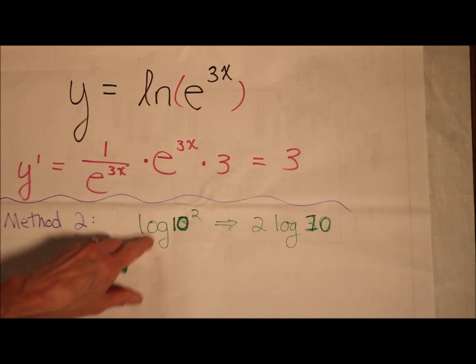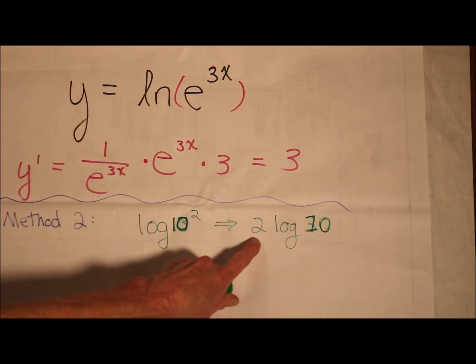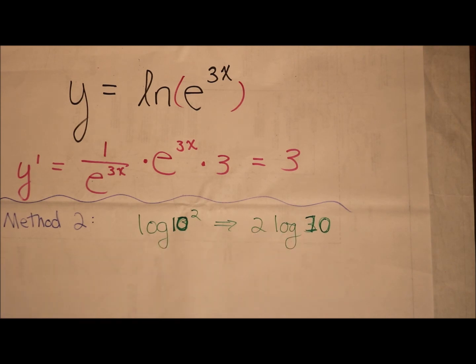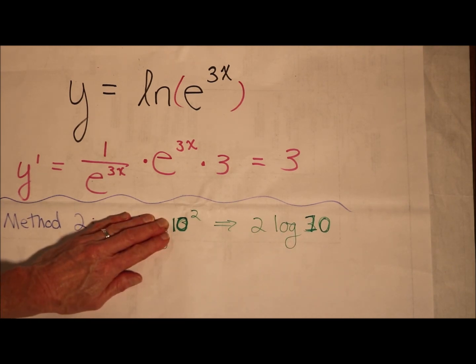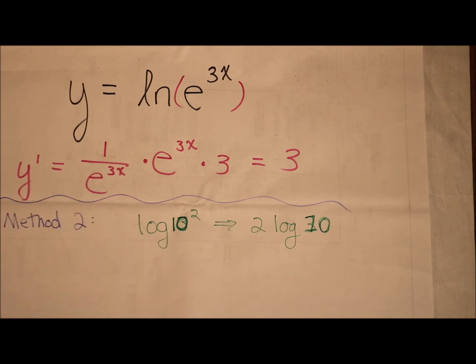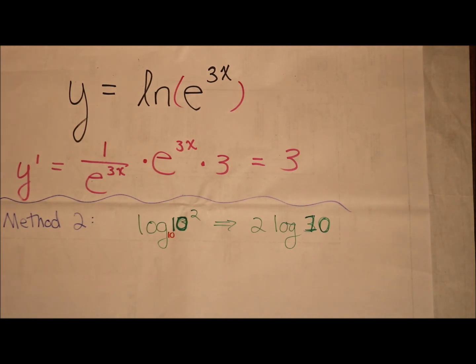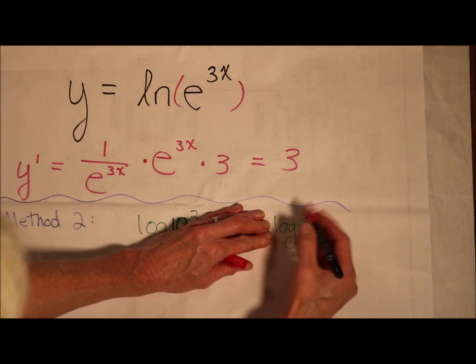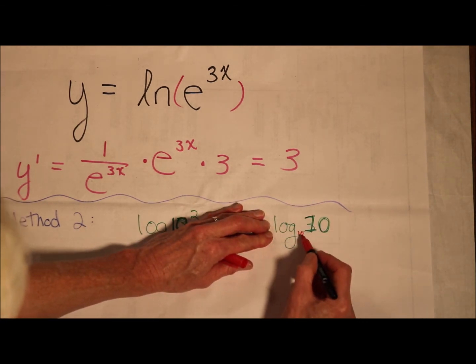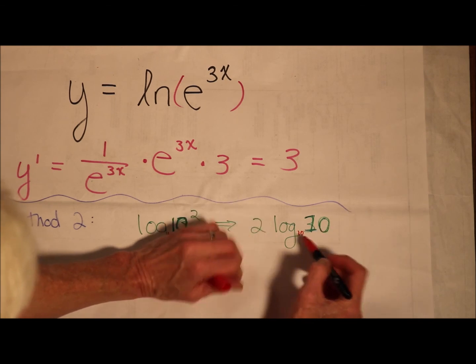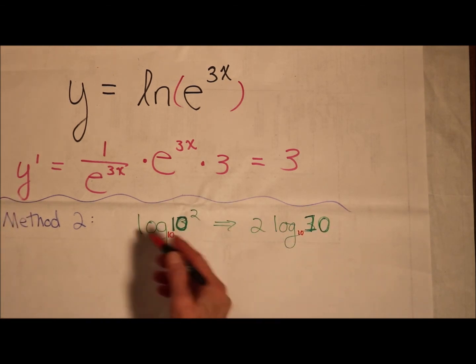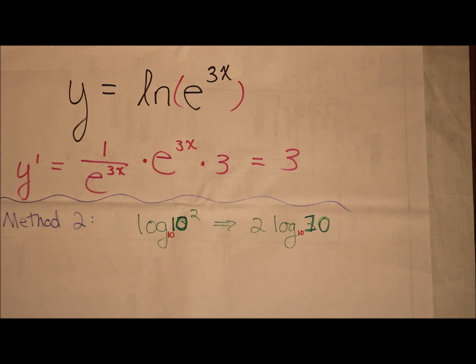So if I say log base 10 of 10 squared, that's the same as 2 times the log of 10. And you can quickly think, all right, 10 squared is 100. There's a little invisible base of 10 here. 10 to the what equals 100? Oh, 2. The log base 10 of 10 is 1, because 10 raised to what is 10? 1. 2 times 1 is 2. So you can see intuitively that those are the same.